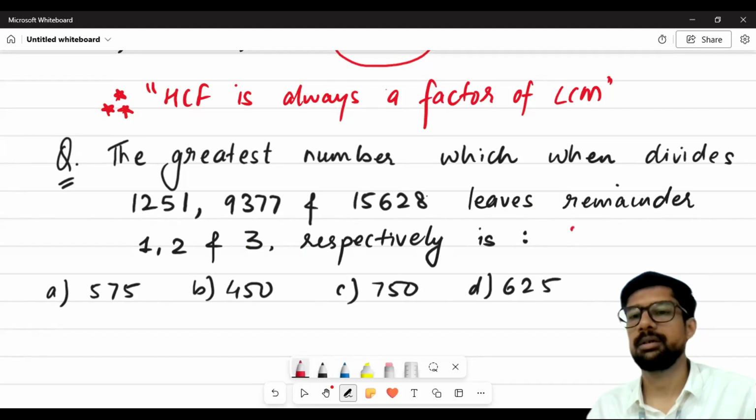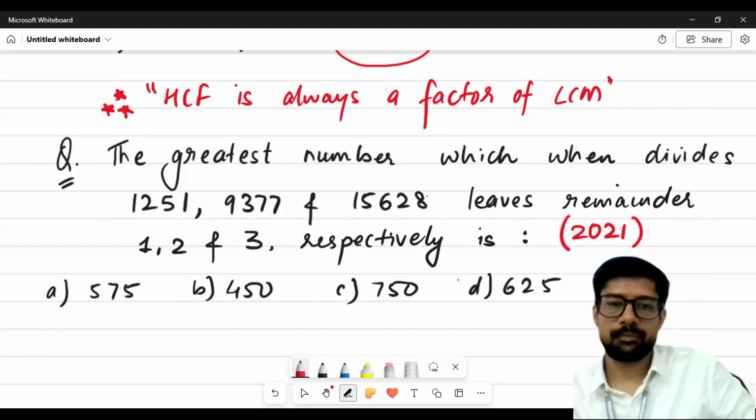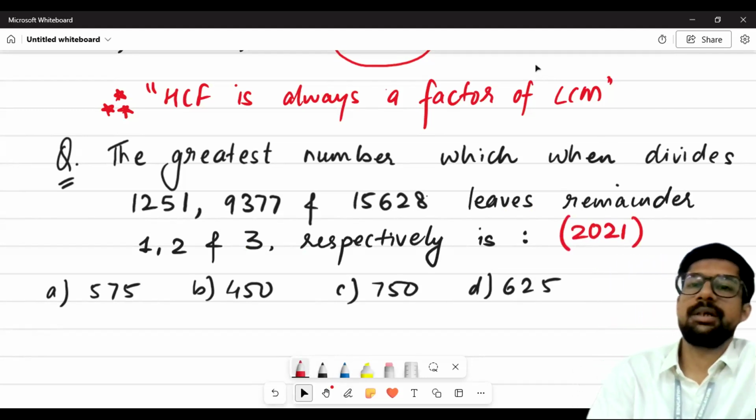Asked in the year 2021 again. This is an interesting variety.